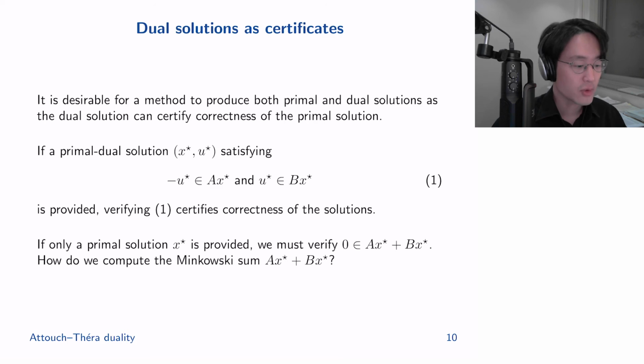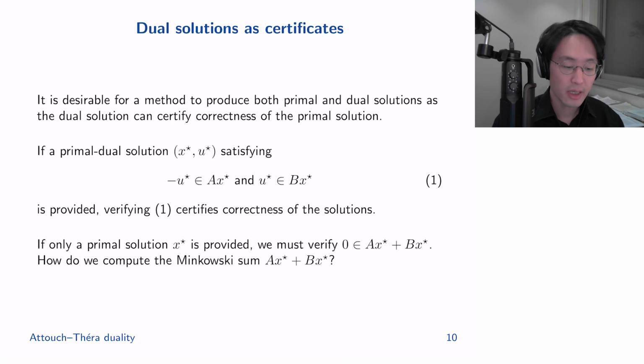However, in contrast, imagine only a primal solution x star is provided. Then, in order to verify that the purported solution x star is a solution, one must verify that 0 is contained in the output of A evaluated at x star plus B evaluated at x star. Well, in general, how does one compute the Minkowski sum A x star plus B x star?